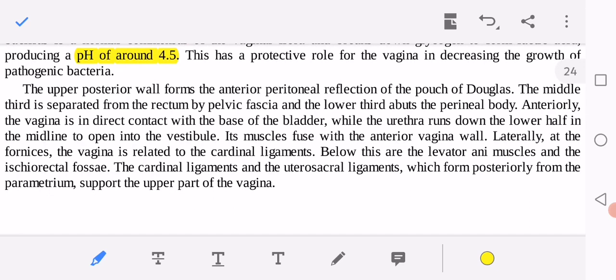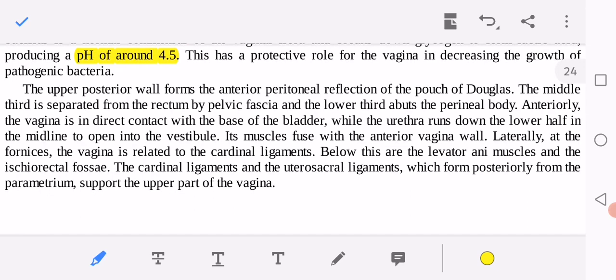Laterally at the fornices, the vagina is related to the cardinal ligaments. Below this are the levator ani muscles and the ischiorectal fossa. The cardinal ligaments and the uterosacral ligaments, which form posteriorly from the parametrium, support the upper part of the vagina.